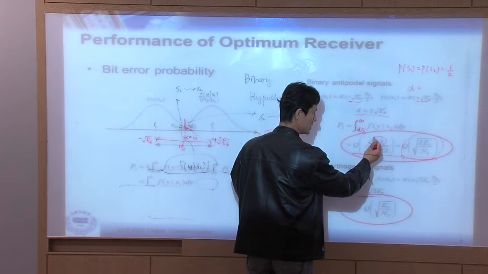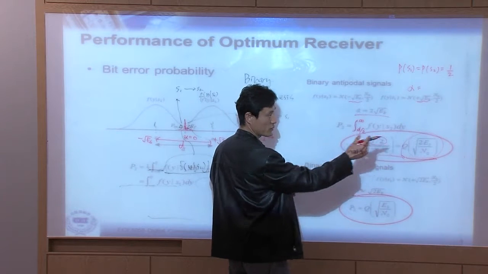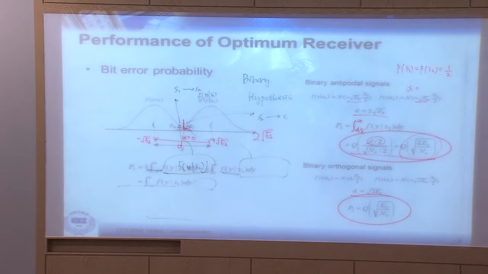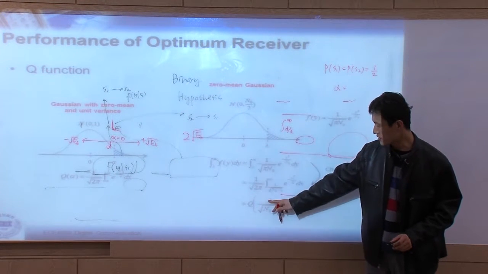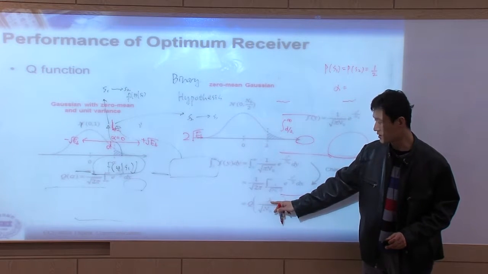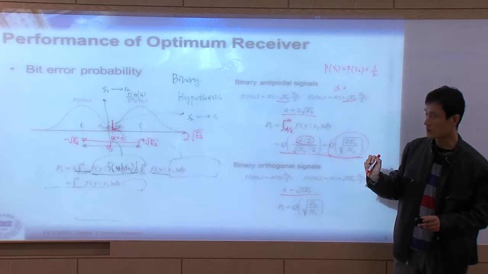And you will see the D divided by 2 because this is a threshold. That's what we have in the previous slide, right? When you look at the Q function here, you always have a threshold divided by root 2 square variance. So your threshold will be here all the time.